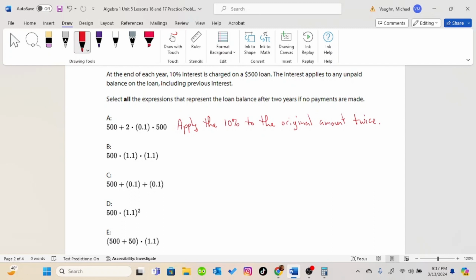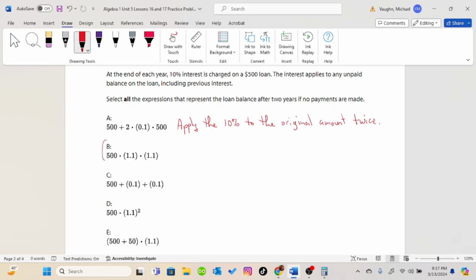On B, you see that we take the original 500, we multiply it by 1.1, which is multiplying it by the original and adding 10%. And then they multiply that new amount to add 10% of the new amount.